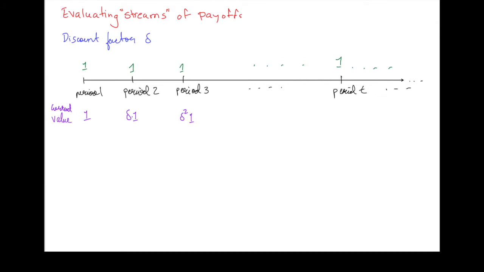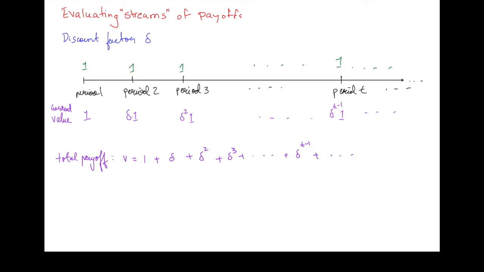And so from the first period, that delta times 1 is worth delta times delta times 1, which is delta squared times 1. In general, the payoff of 1 in period t is worth delta to the t minus 1 times 1. So the total value you get, which we'll represent by the little v, is 1 plus delta plus delta squared plus delta cubed. In general, the tth term is going to be delta to the t minus 1.